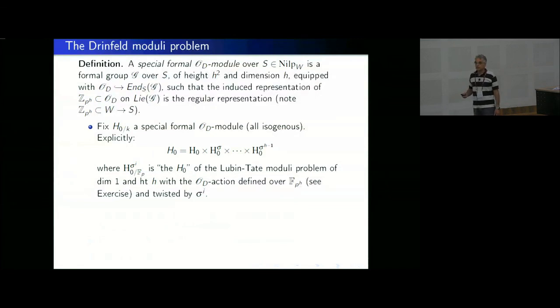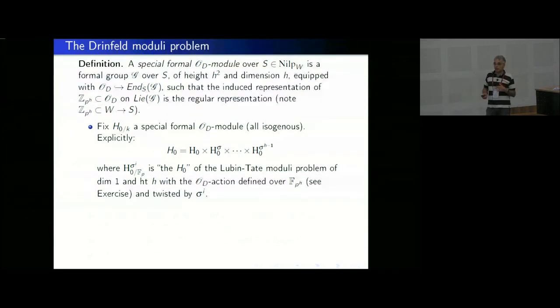Here we want the O_D action in the moduli space to persist for all the deformations. There, we're lucky to have this O_D action on the thing over F_p bar, not over deformations, as you know. And you take h copies of the same H0, so of course the height becomes now h squared rather than h, and the dimension h rather than 1.